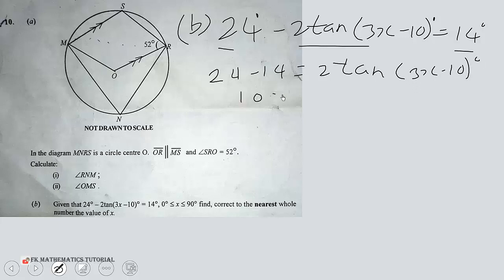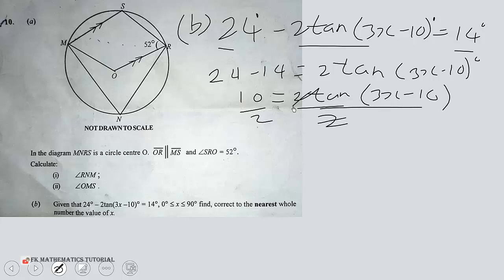So 10 would be equal to 2 tan(3x minus 10). Dividing through by 2, we have 5 is equal to tan(3x minus 10). So you consider the whole thing as an angle.